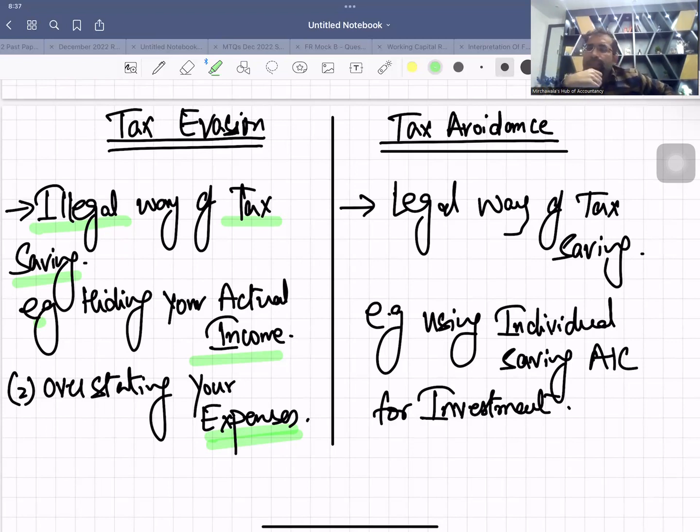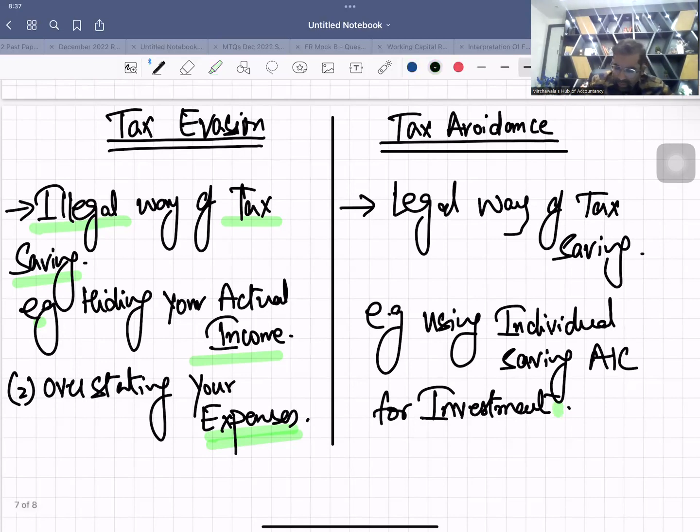Now what is tax avoidance? Tax avoidance is basically a legal way of tax saving. Legal way of tax saving means if somebody catches you doing tax avoidance, nothing will happen to you. It's not bad. An example is using an individual savings account for investment.